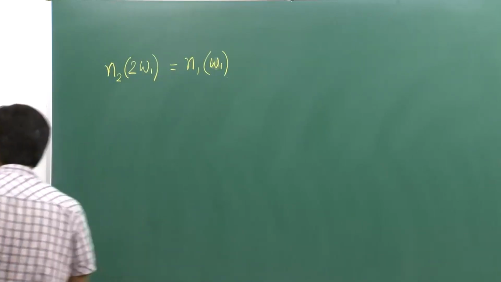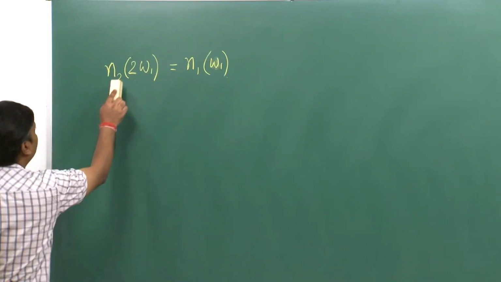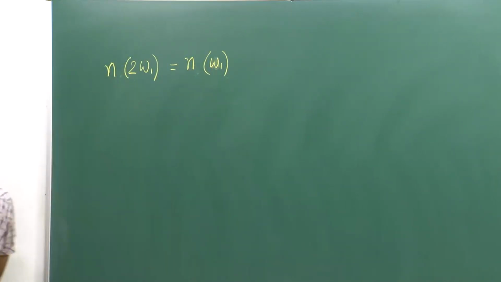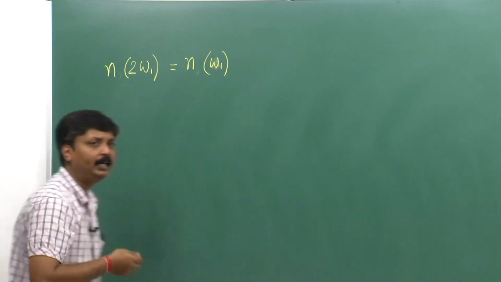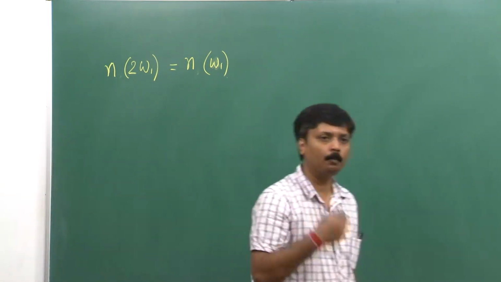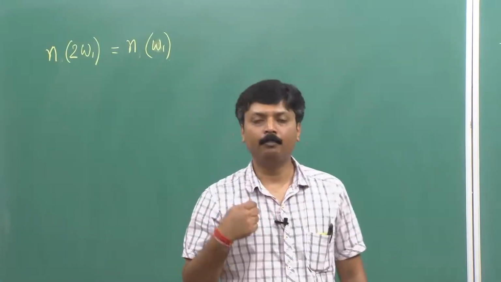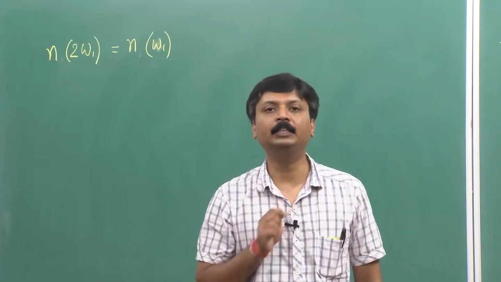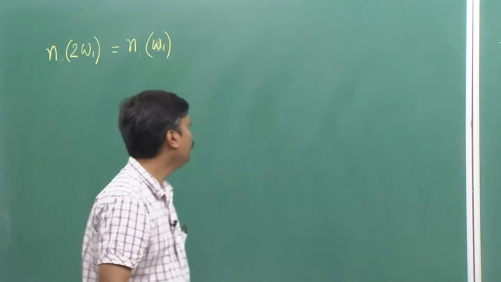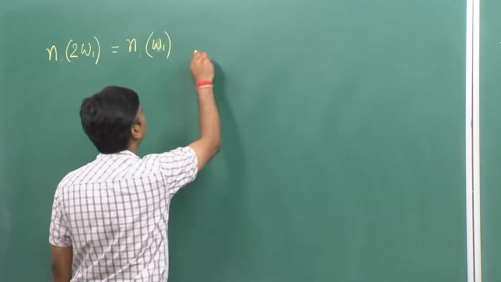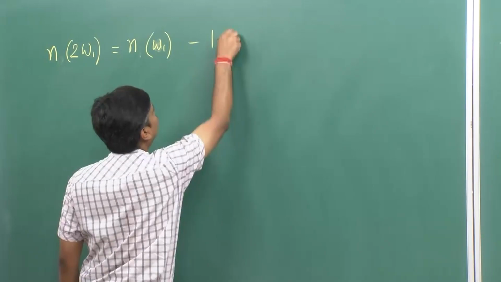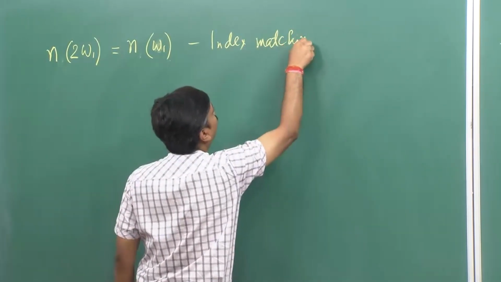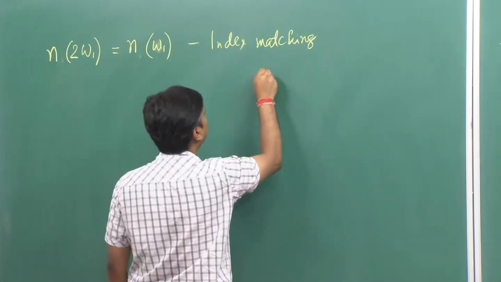Specifically, we can also write this in terms of N1, N3. Essentially this means that the refractive index of the harmonic wave and the fundamental light should be the same in order to have phase matching. So, this was my index matching condition for SHG.